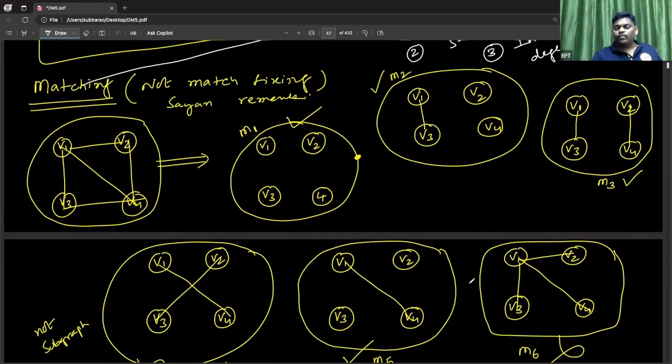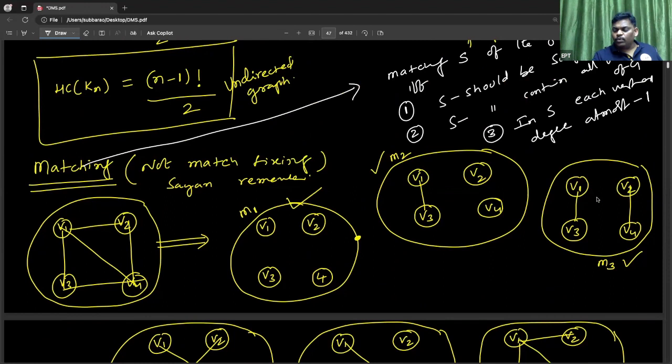And one more beauty. In M3, is each person's degree 1 or not? Every person's degree is 1. First of all, it is a matching, and every vertex has degree 1. This is called a perfect matching.